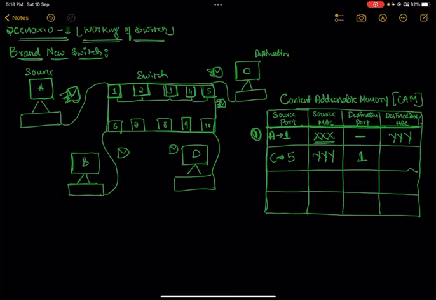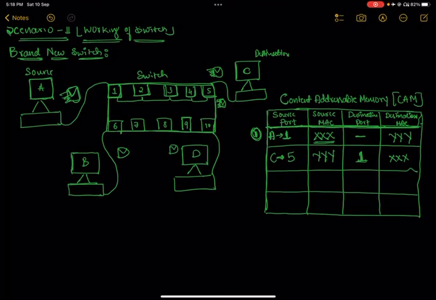So the destination port would be 1, to which our source, system A, is connected. For the destination MAC, just reverse it with the source MAC, because now we are sending a packet to system A. So now we should write the information related to system A. To which port is system A connected? It is connected to port 1. Now what is the MAC address of system A? We already know that it's XXX. And then this packet is sent.